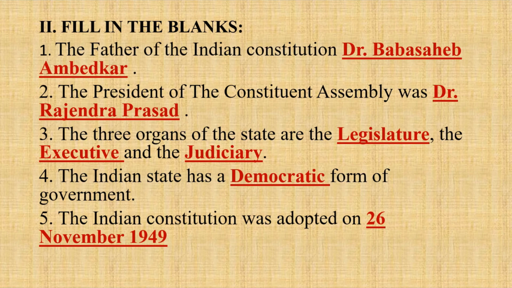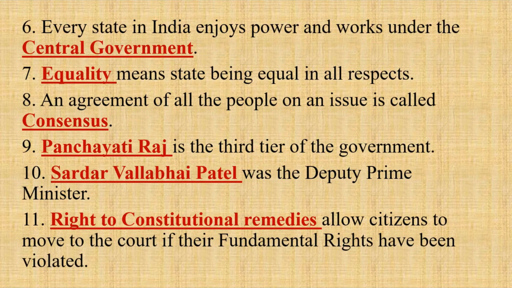Then the Indian state has a democratic form of government. India is a democratic country, right? The Indian Constitution was adopted on 26 November 1949, but it came into force on 26 January 1950.